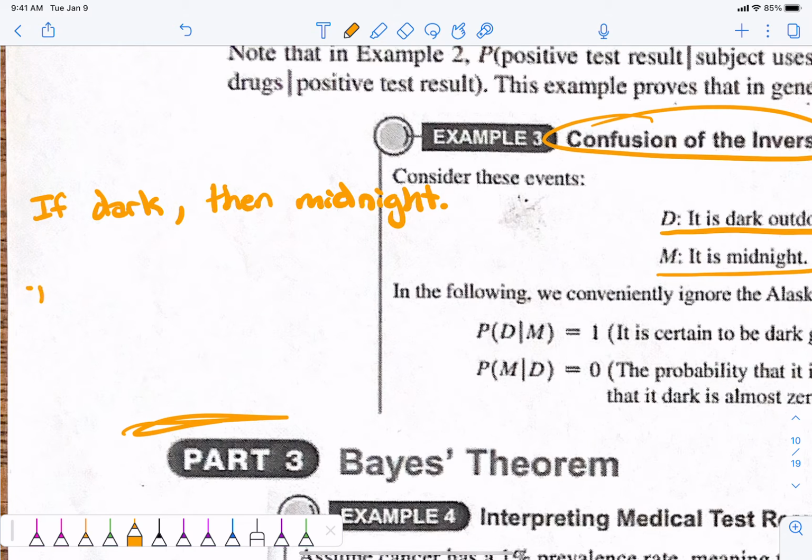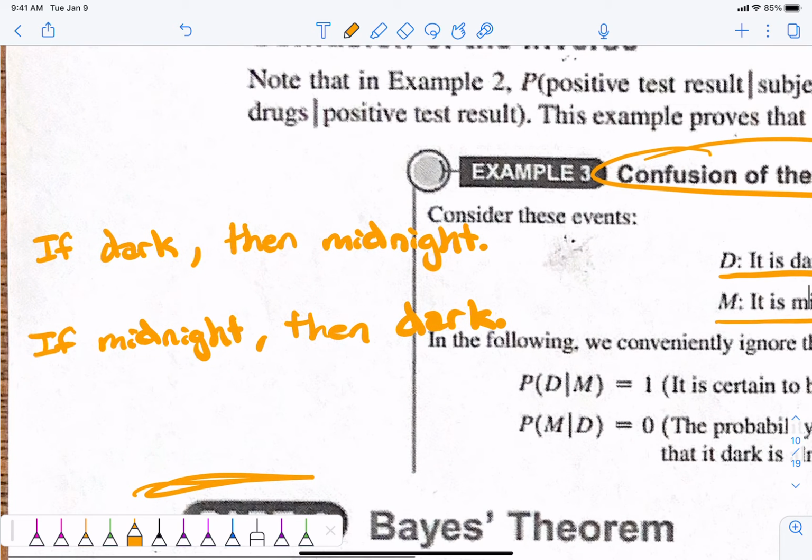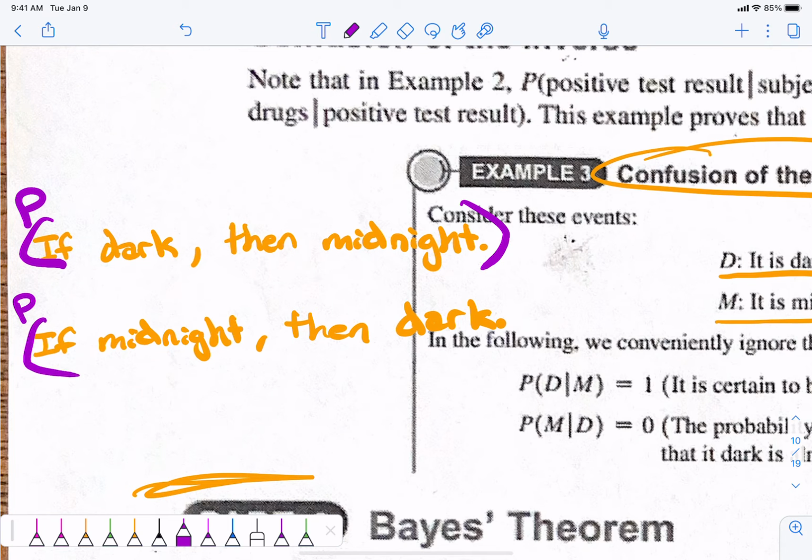The other one is saying if it is midnight, then it is dark. I'm paraphrasing, so just bear with me. If it is dark, then it is midnight. If it is midnight, then it is dark. Those two are not the same thing, okay? So we're going to look at the probability of each one of these. We're going to do P of that, and P of that.